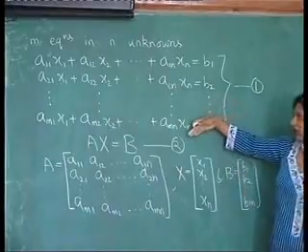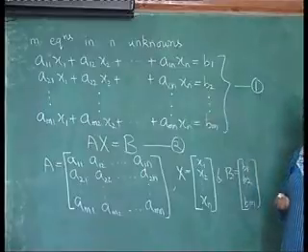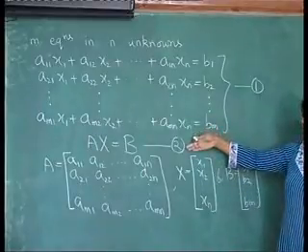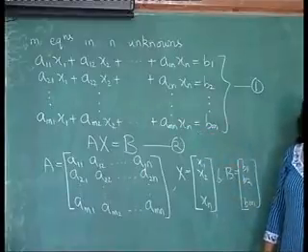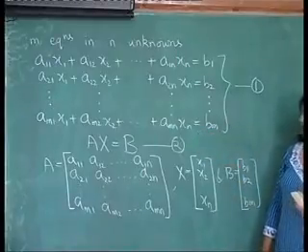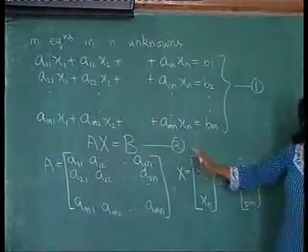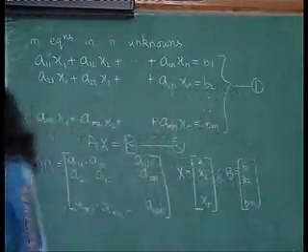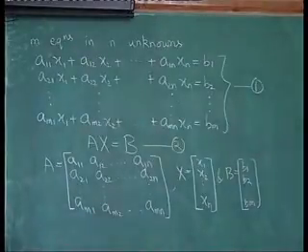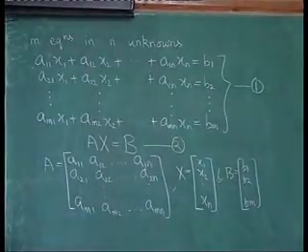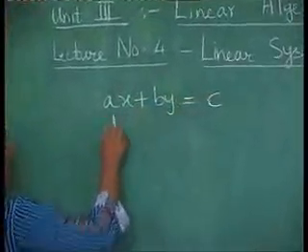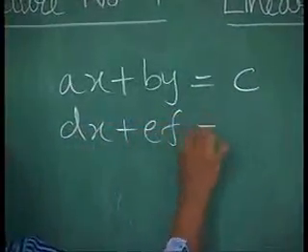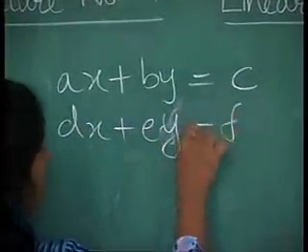Now let us at least give a geometric motivation as to what we can expect when we are looking for solutions of such a system. ax plus by equal to c, dx plus ey equal to f.